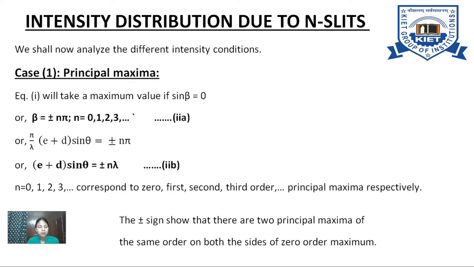Or solving further, we get (e plus d) sin theta is equal to plus minus n lambda. Here, n equals 0, n equals 1, n equals 2, and so on. They correspond to zero order, first order, second order principal maxima, respectively. The plus minus sign shows that there are two principal maxima of the same order on both sides of the zero order maxima.